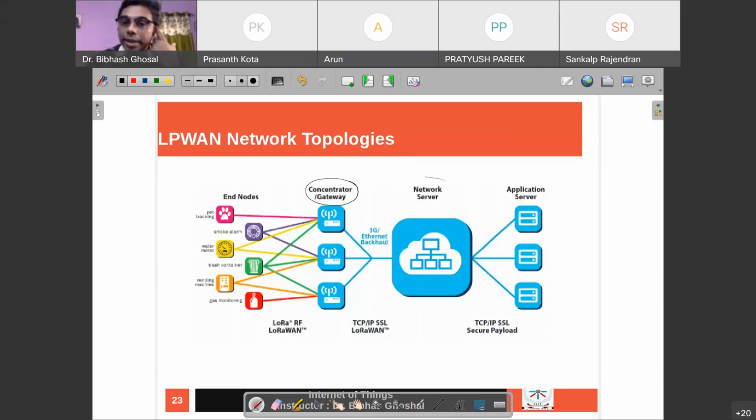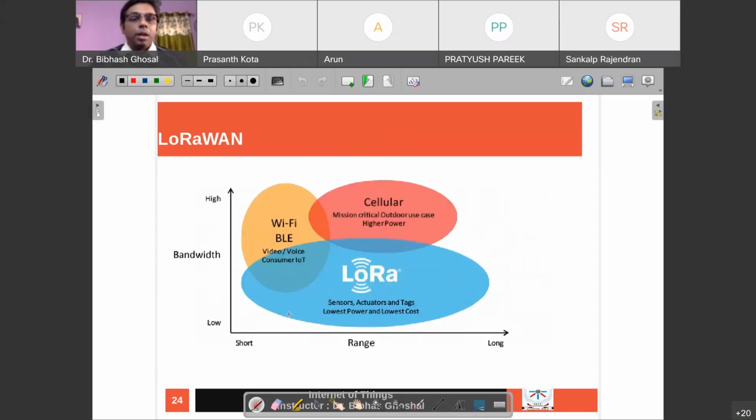So in LPWAN, it normally doesn't have that power, so it uses an intermediate gateway. One of the very commonly used LPWAN technologies is LoRa, and this is the LoRaWAN that is used today, which facilitates both low power and high range communication.